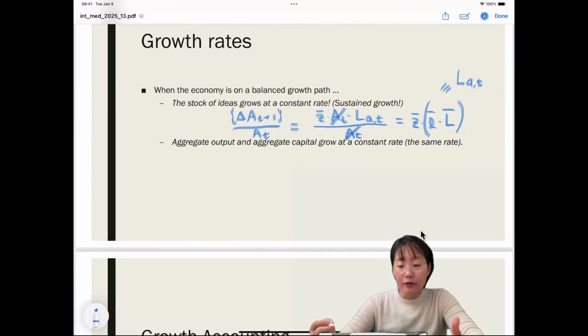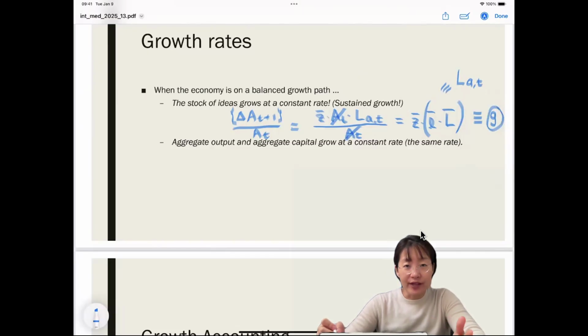All right, and then we actually defined and introduced new notation G so that we can present this multiplication of three parameters using just one parameter, G. So that was all the same to the standard Romer model.